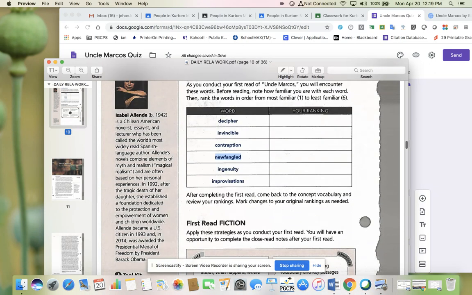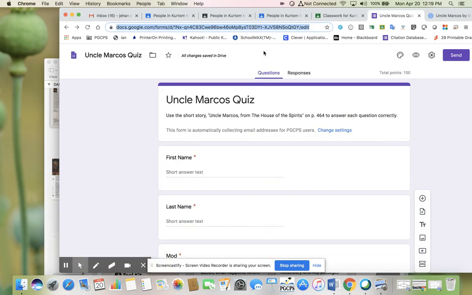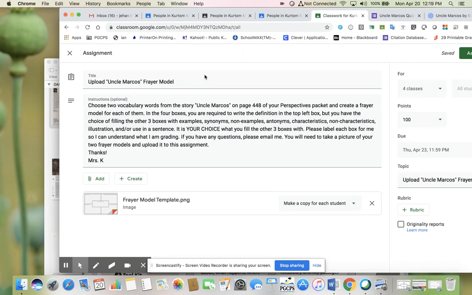Okay, there are 6 words here for you: decipher, invincible, contraption, newfangled, ingenuity, and improvisation. You only have to choose 2 words, and for those 2, you are going to create a Frayer model for each of them. Okay? If you don't remember what a Frayer model is, I have attached a template for you, okay?